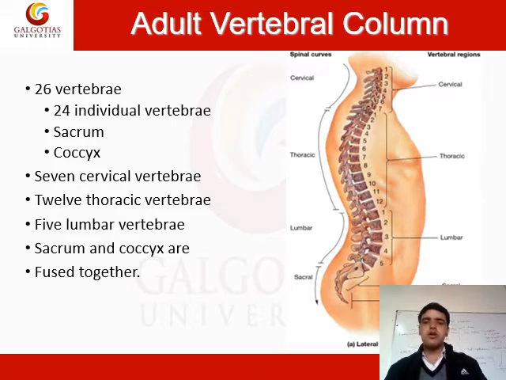The thoracic vertebrae provide the attachment site where the ribs get attached. Apart from that, 5 vertebrae are present in the lower back, or lumbar region, so they are termed lumbar vertebrae. Along with that, sacrum and coccyx are fused together to form the complete vertebral column in a human adult.